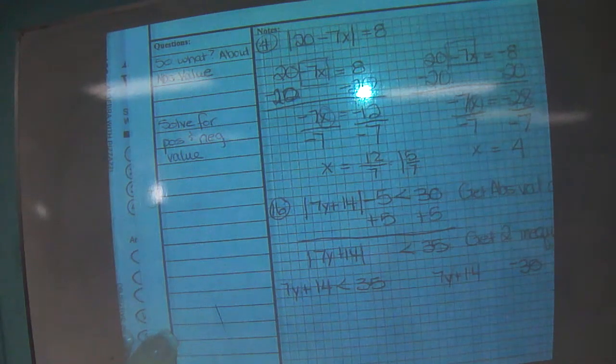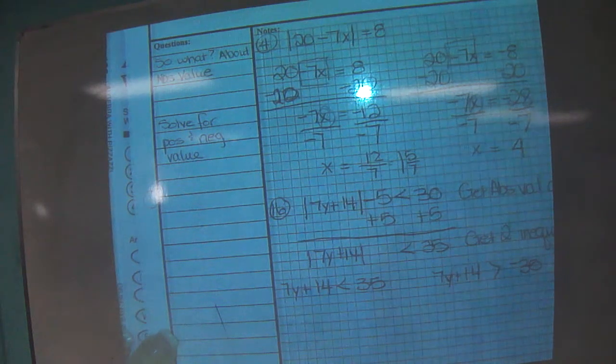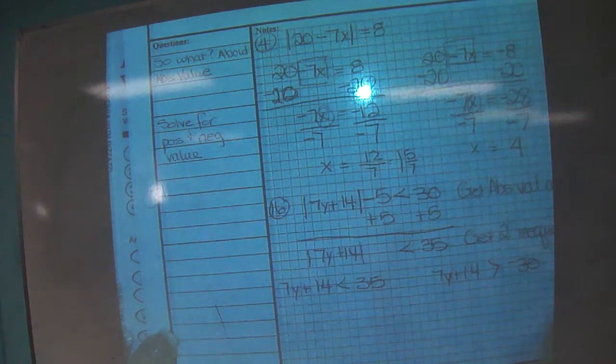So what do you think we have to do? Flip the sign. If we make it to negative 35, we're going to have to change the inequality sign at the same time. You see why? Didn't we bounce it across the number line like we talked about yesterday?